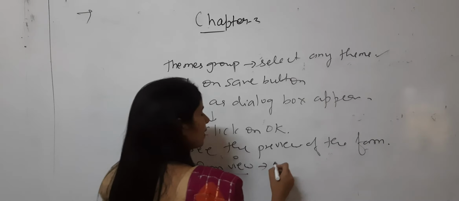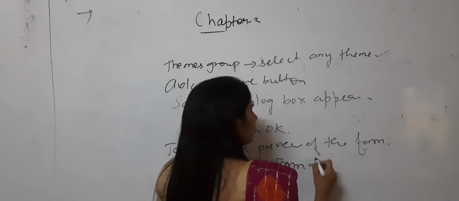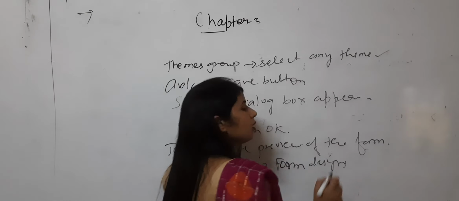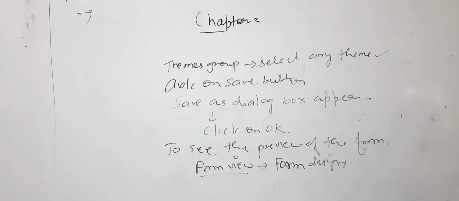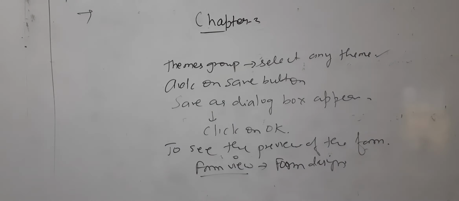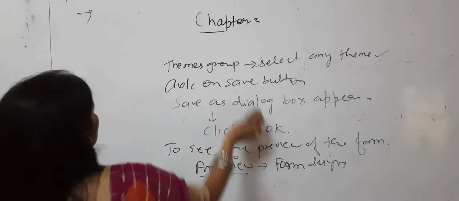Form View. It is present near Form Design. You will find it in Form Design. With the help of this you are able to see the form. It will be helpful, and in this way you are able to clear the things. Now the next topic is types of forms.